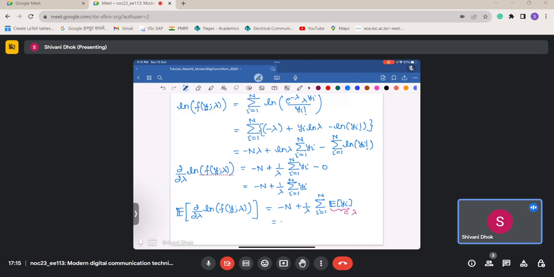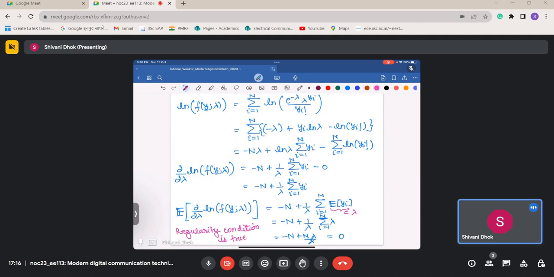This comes out to be minus n plus 1 by lambda into the summation i equal to 1 to capital N of lambda. Lambda is a constant with respect to y, so I can just write it as minus n plus n times lambda by lambda. These two get cancelled, so we have minus n plus n, which goes to 0, which means that my regularity condition holds. So my regularity condition is true.